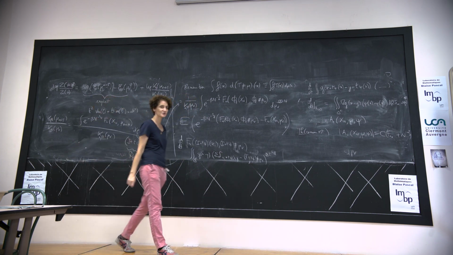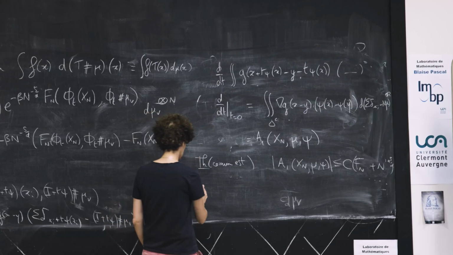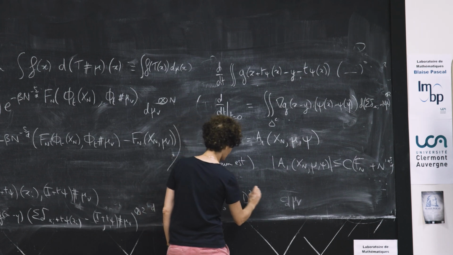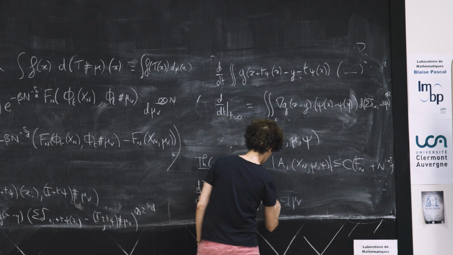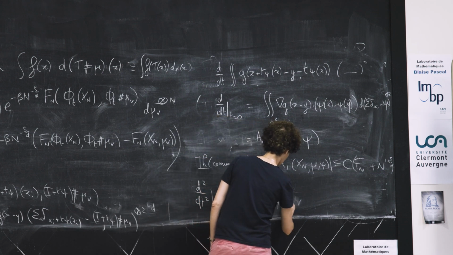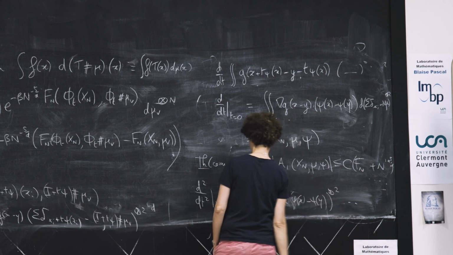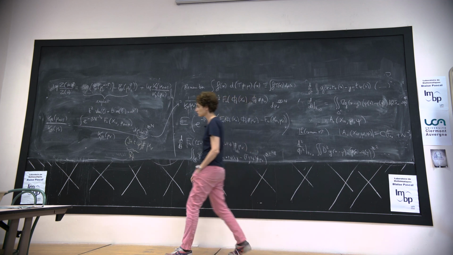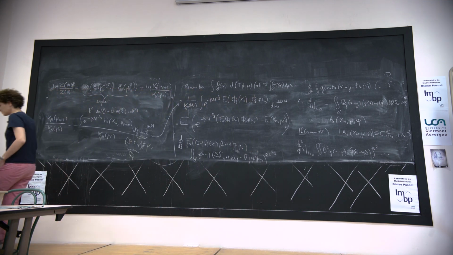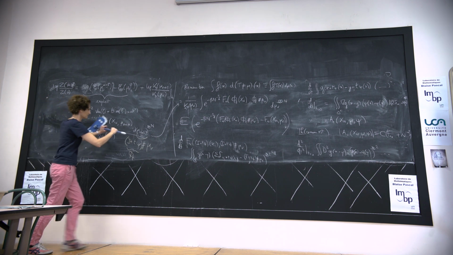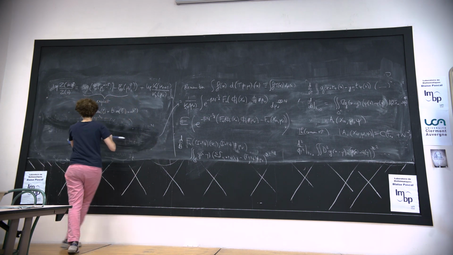We could also go to second order. If you go to second order, you would get a Hessian of g, and you would get psi of x minus psi of y tensored twice. And I would call that A2. So actually you can define An. You can look at all derivatives if you want, but not very interesting.